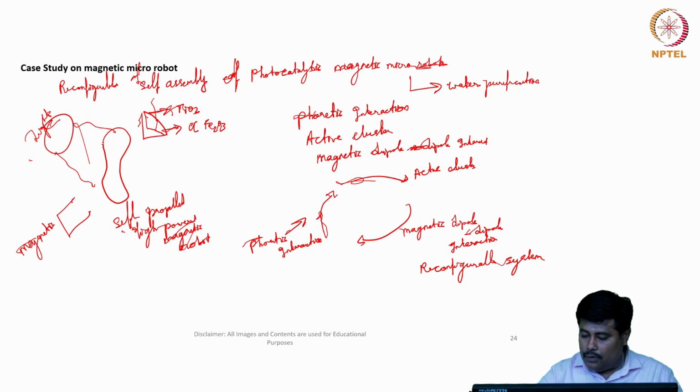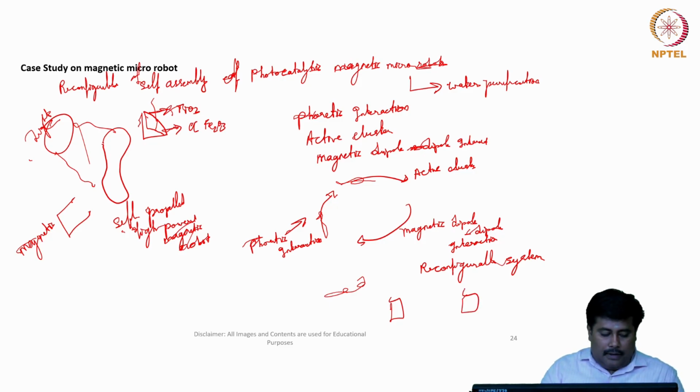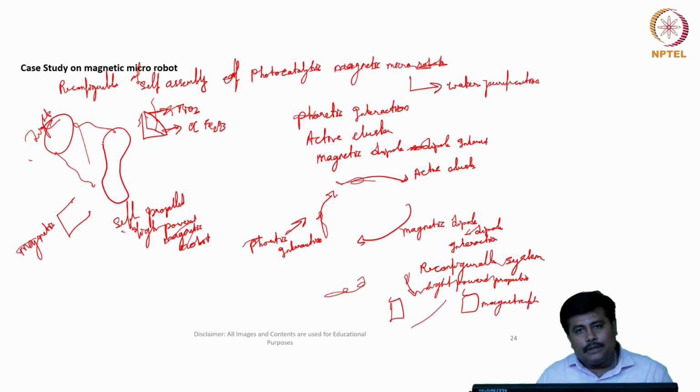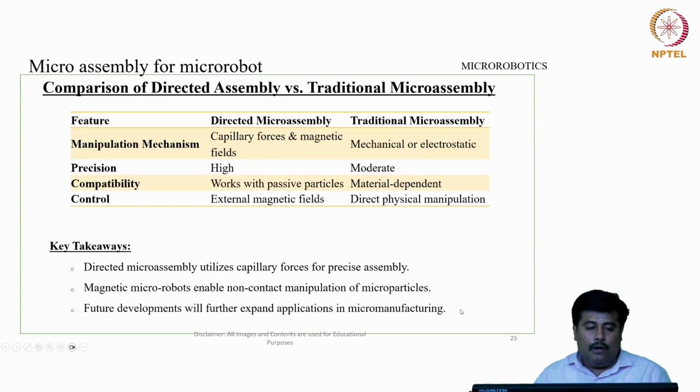From the overall propulsion point of view, there is a magnetic field, and then there is light powered propulsion. Both will collaborate to assemble these particles and appropriately configure these micro robots for efficient photocatalysis.